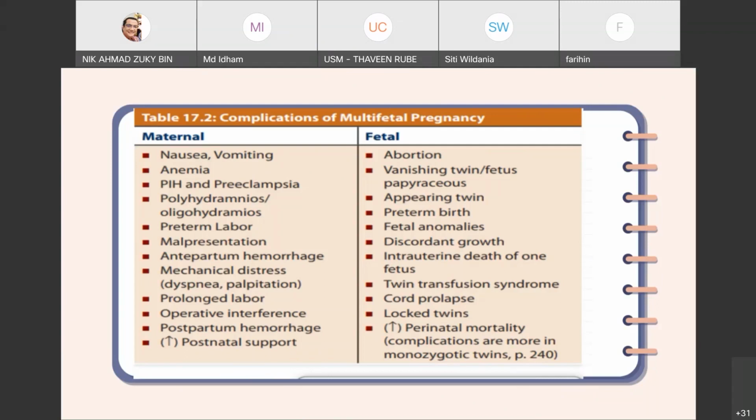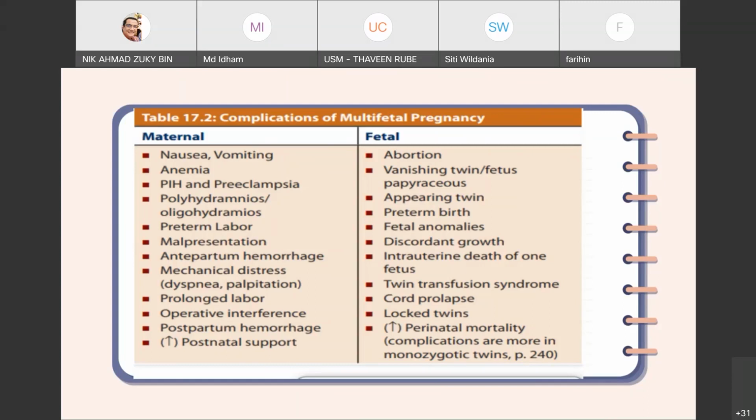And then for fetal, the risk for abortion is much higher than singleton, where the miscarriage occurs in the first trimester. It will become vanishing twins: the twin that dies just vanishes. And then also appearing twins, meaning they miss the twin on the initial scan, and later in gestation they see there's another fetus in the pregnancy.